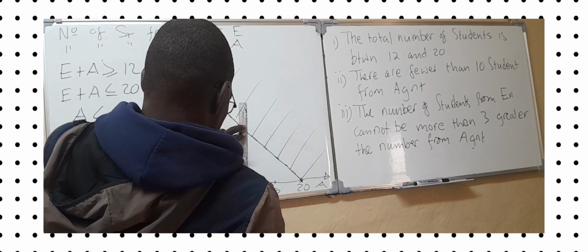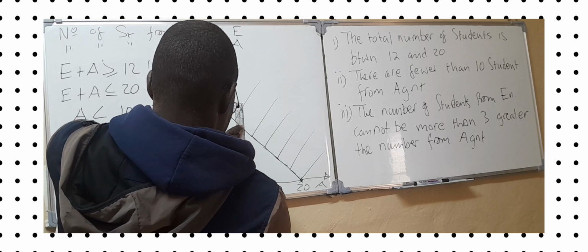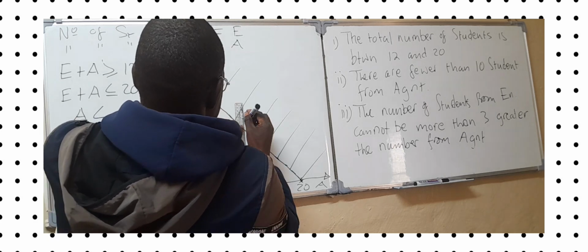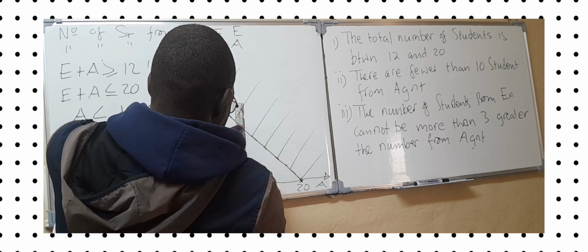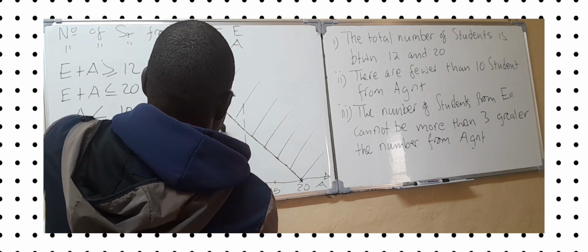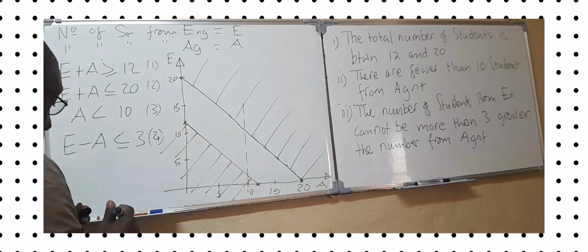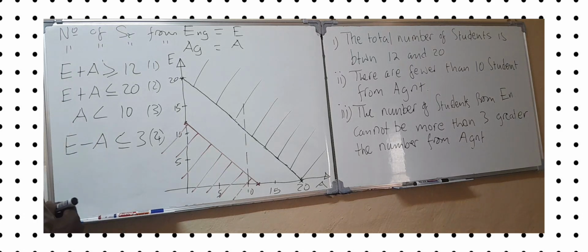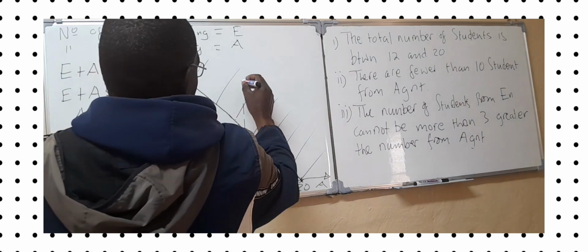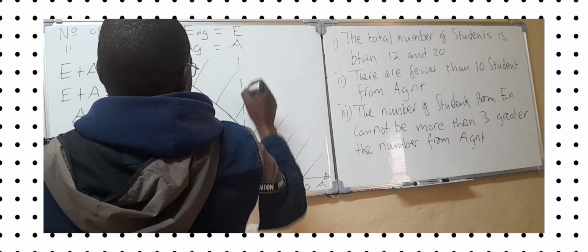Okay, let's see if we can plot it. Okay, there we are. A is 10. It's a broken line, as I said, because it's just less than. So, okay, broken line, perhaps we can just extend it a little bit there.